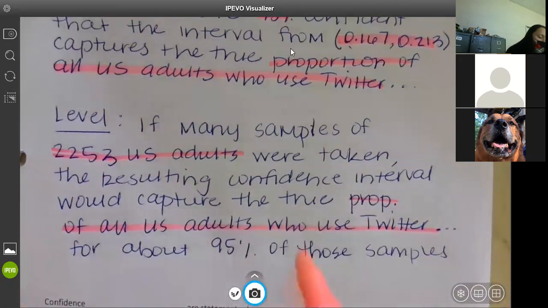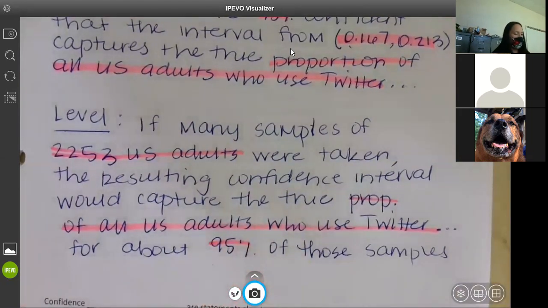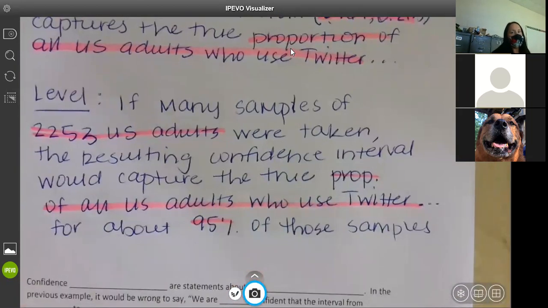And again, the 95 would also be variable depending on what your level was. This one was a 95% confidence level. If it were 99, you change it to 99.